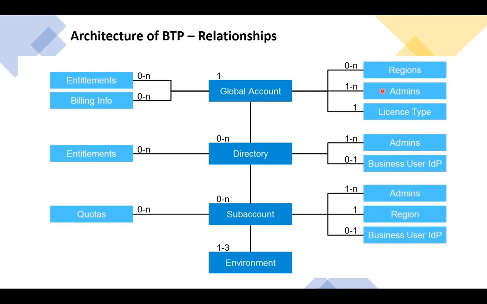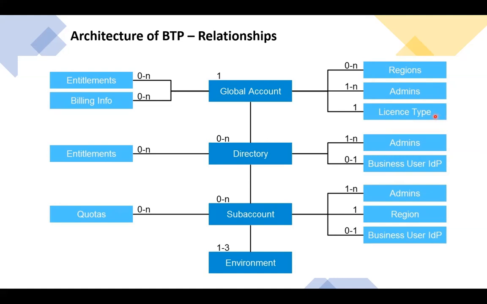So the global account will have regions. Regions is nothing but sub accounts, a number of sub accounts again. And the admins, who are the admins for this global account. And license type, what is the license type? That means subscription type, whether it is consumption based, pay as you go, or subscription based.